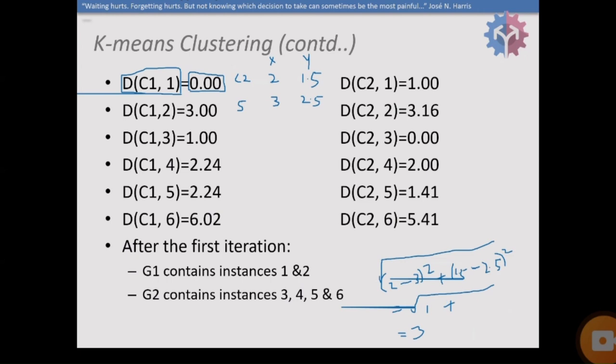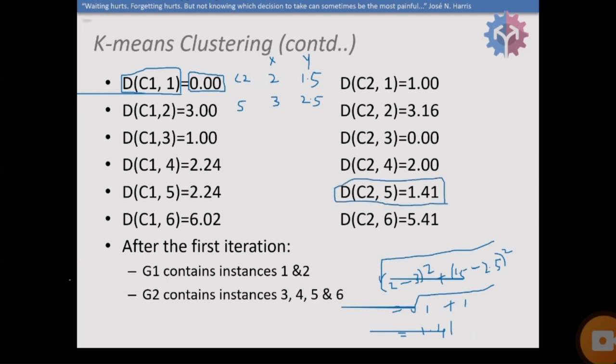And on the other side, 1.5 minus 2.5 is 1, and again 1 squared is 1. So what is the square root of 2? Because 1 plus 1 equals 2 and then the square root, this is actually 1.41.